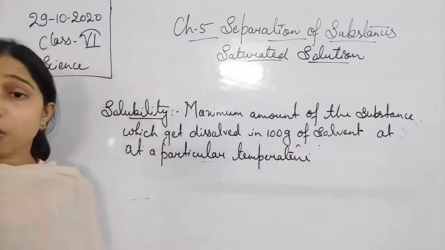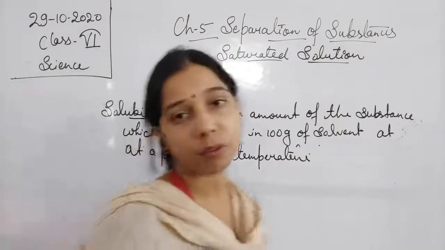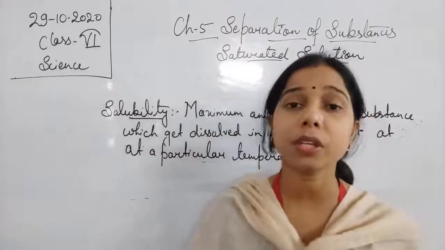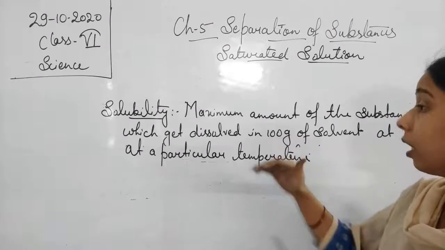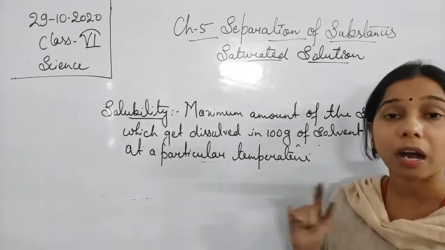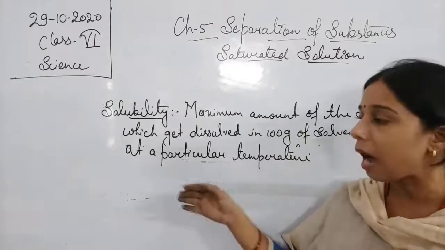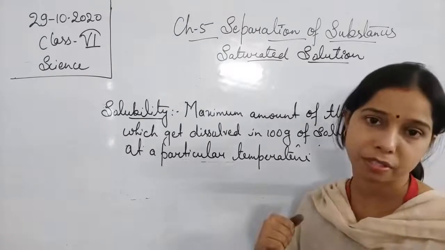Okay, so this is the definition of solubility. The maximum amount of a substance which gets dissolved in 100 gram of a solvent at a particular temperature determines the solubility of a substance.